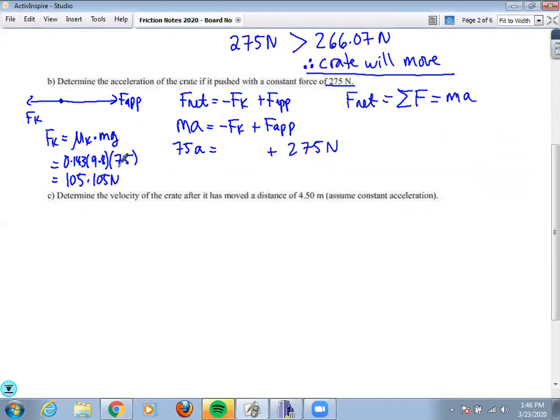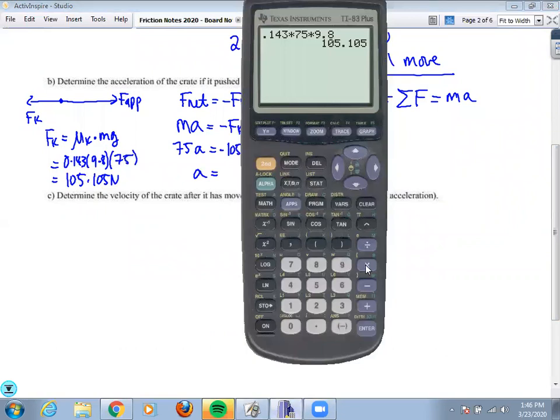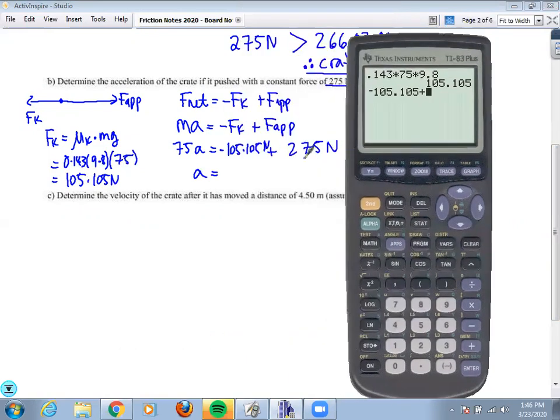So that over here would be negative 105.105 newtons. And we can solve for a. So now a will equal the sum. So we'll just take negative 105.105 and we'll add 275 for the applied force, and then we'll divide that by the 75 kilograms, and you get 2.265 meters per second squared.